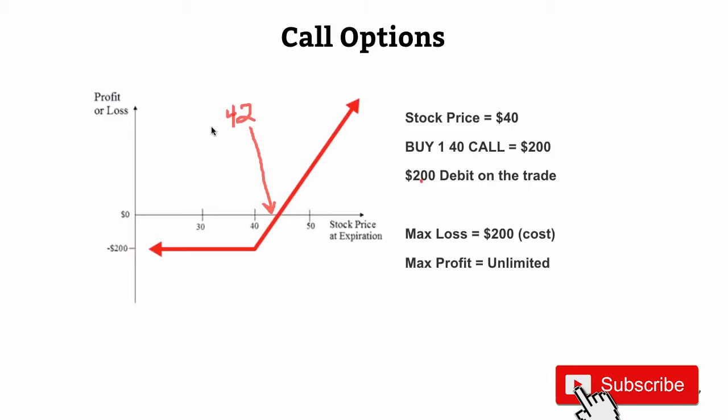So the actual break-even price in this case is $42, meaning even though you bought the 40 strike call options, you really need the stock to move to $42 or higher to be profitable at expiration. You'll start making money as the stock goes beyond the 40 strike, but you really won't make any money net of your cost to get into the trade until the stock moves beyond $42.